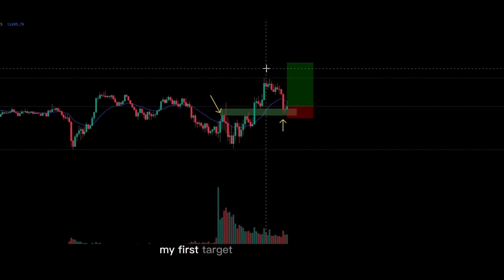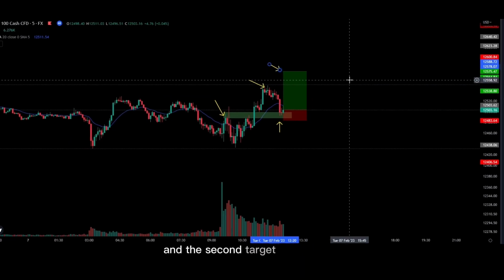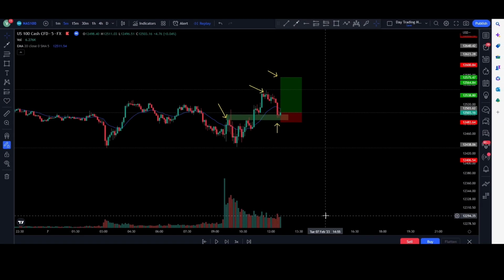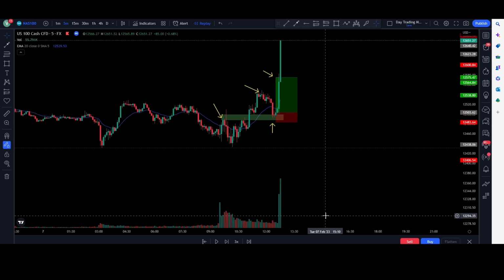My first target is this high right here, and the second target is right here. Wow, easy trade. If you don't see the market in your setup, or the market is not clear, just do not trade. You don't have to trade every single day.